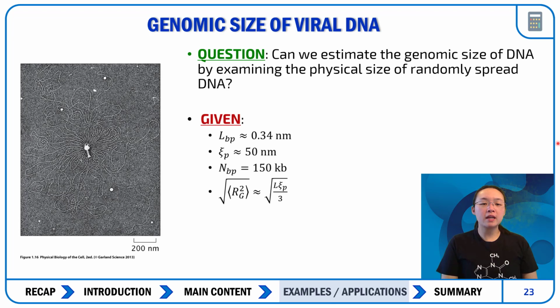We know that DNA is made up of base pairs, and the length of one base pair, LBP, is 0.34 nanometers. And the persistence length is something we haven't covered yet, but we can say it's about 50 nanometers for now for viral DNA. The genome length is about 150 kilobases, so we'd have to multiply by 1,000 to get the number of base pairs.